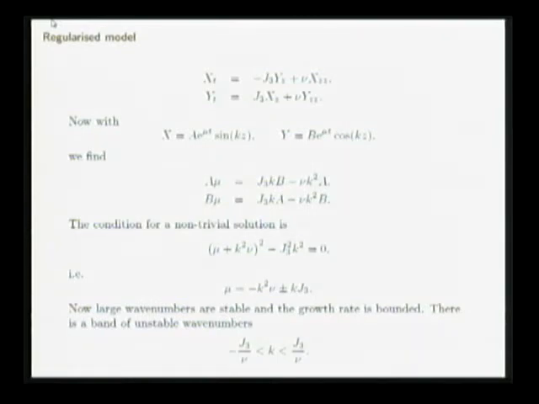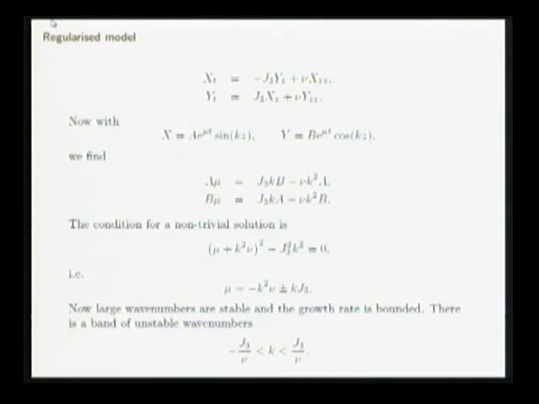And this time, plus or minus k times J3 is what we had before. This extra curvature term, as you might have anticipated, gives me a minus k squared times nu. So this extra term is stabilizing. And in particular, it means that as k goes to infinity, mu is negative now. So the large wave numbers have been stabilized, so the small wavelengths have been stabilized.